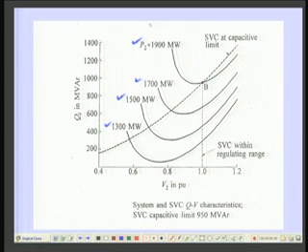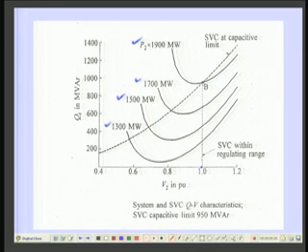One typical SVC is shown here, which will be in a position to maintain the voltage equal to 1 per unit, depending upon a slight slope.